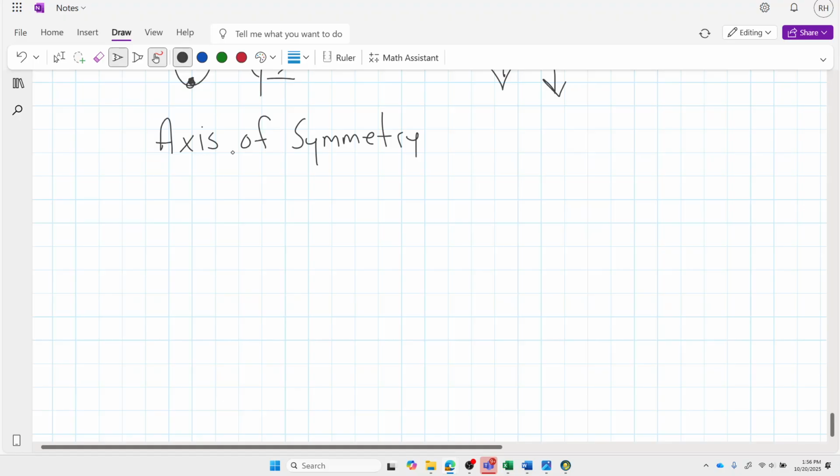The axis of symmetry, which is the vertical line through the middle of the graph that goes through the vertex, is an x equals formula. So our axis of symmetry is going to be equal to the opposite of b divided by 2 times a. All right?